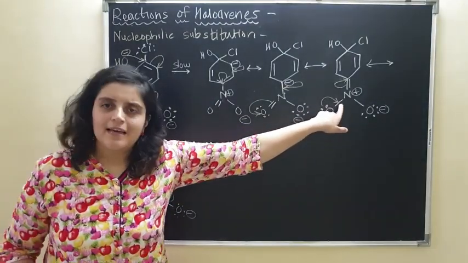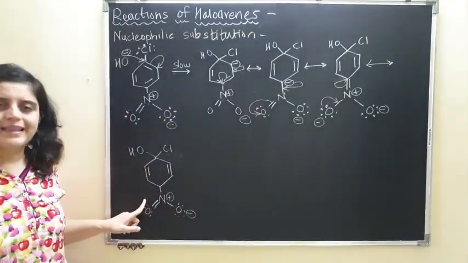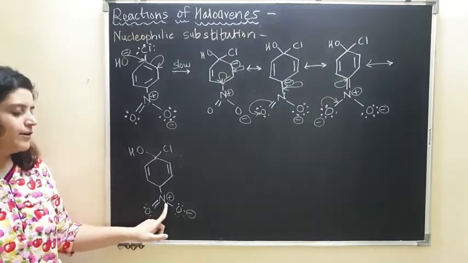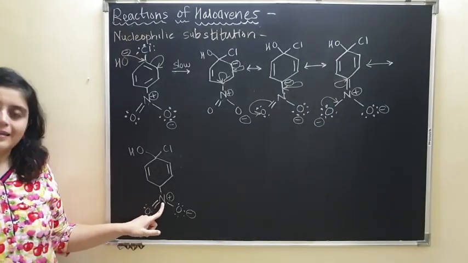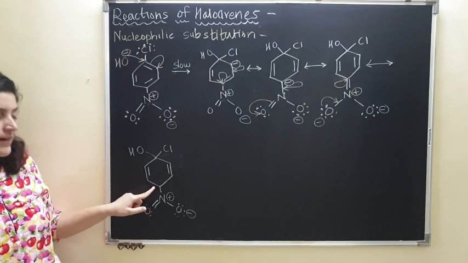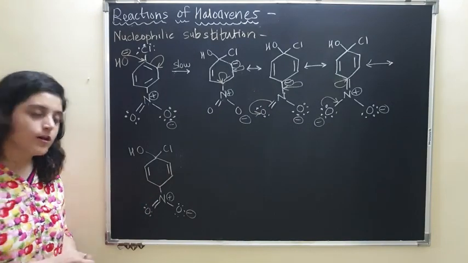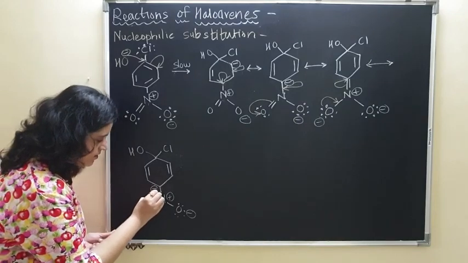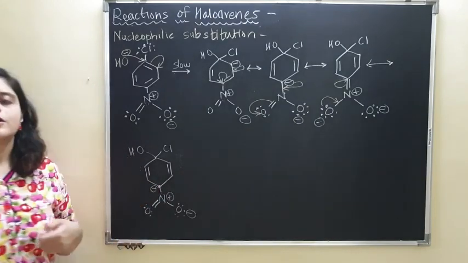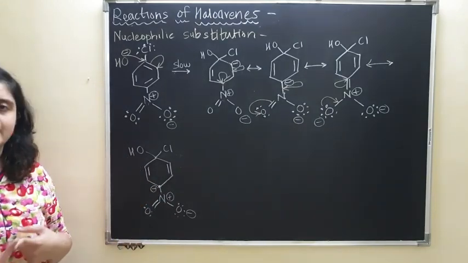These two electrons are already shifted over here. So again there will be a formation of a double bond between oxygen and nitrogen. These electrons are again shifted. These electrons which were present over here are again shifted to the fourth carbon atom. So this fourth carbon atom will bear a negative charge.